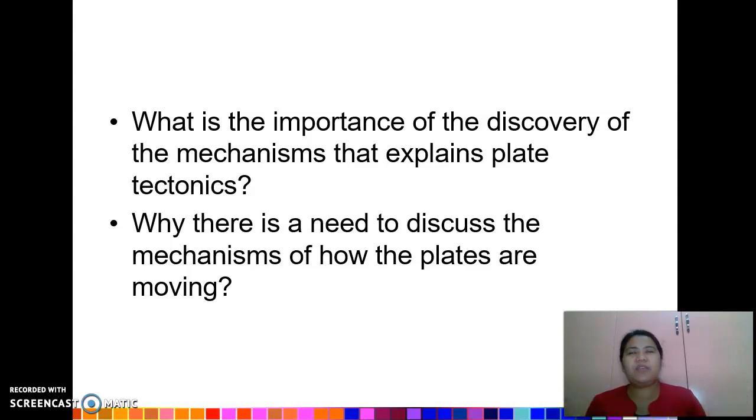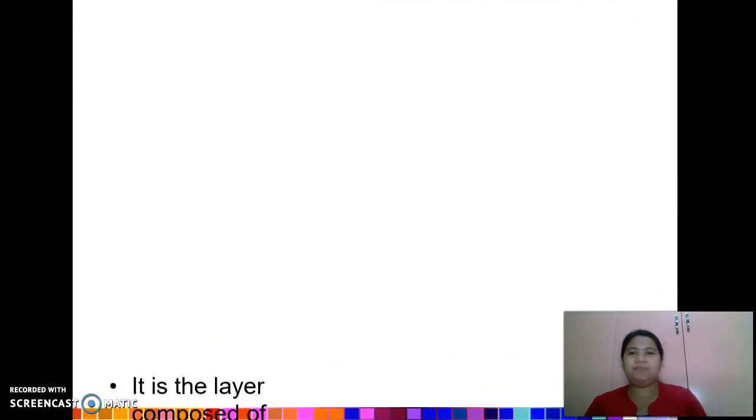That specific question was not able to be answered by Sir Alfred Wegener, but these mechanisms explain a lot of things about how the plates and the continents moved to their current position.